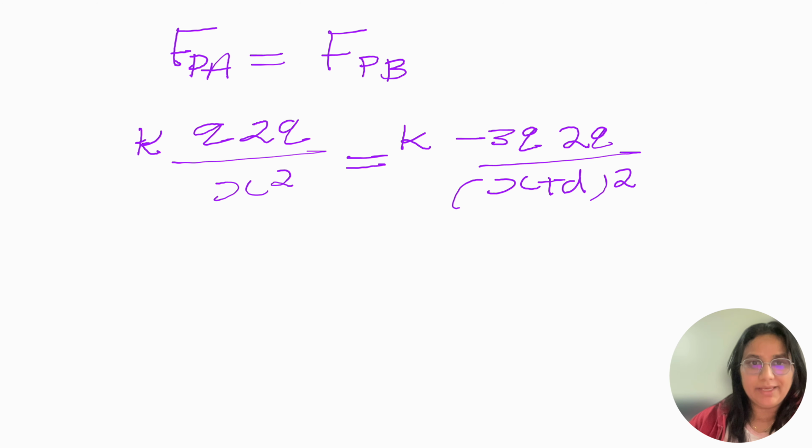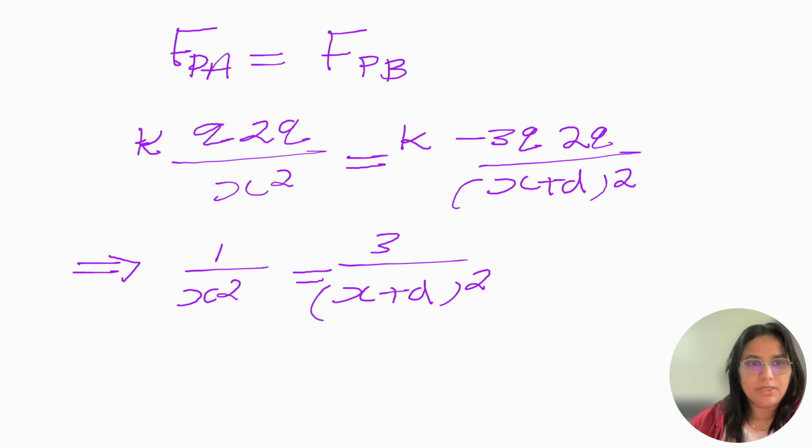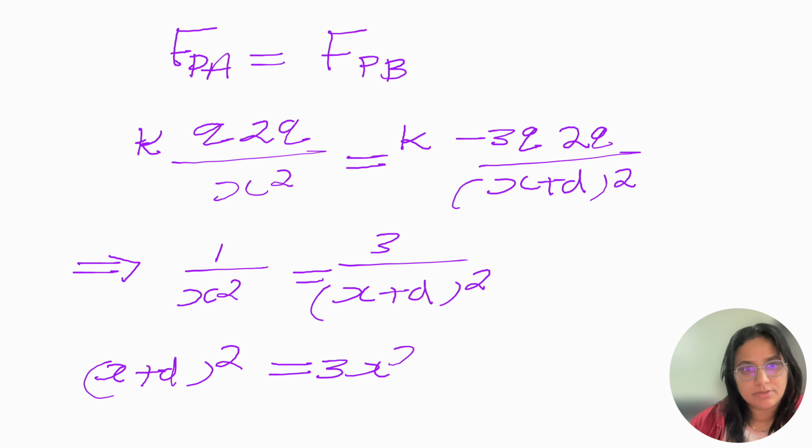q will get cancelled out and 2 also will get cancelled out here. If you simplify this equation, 1 divided by x square will be equal to 3 divided by x plus d whole square. Cross multiply the two, what do you get? x plus d whole square must be equal to 3x square.